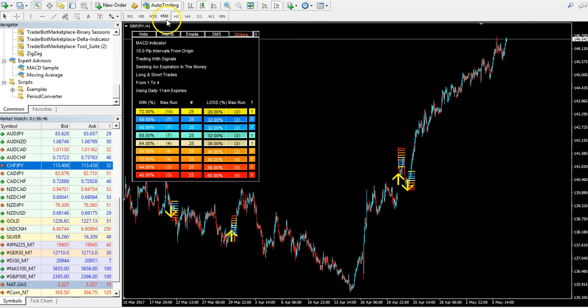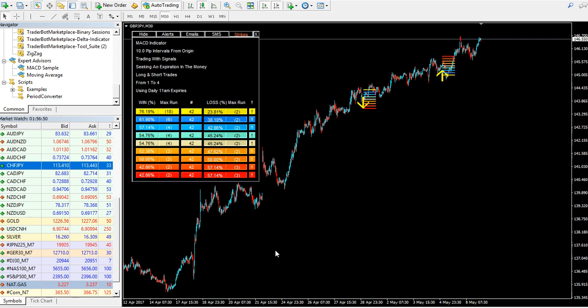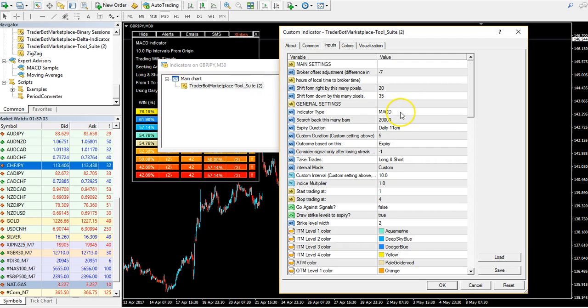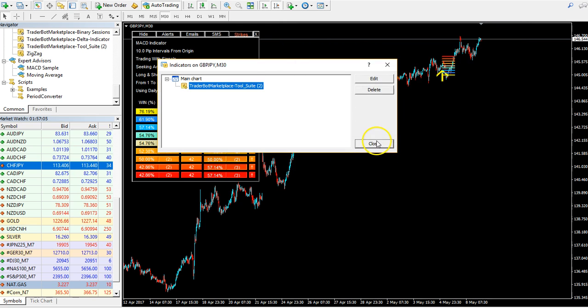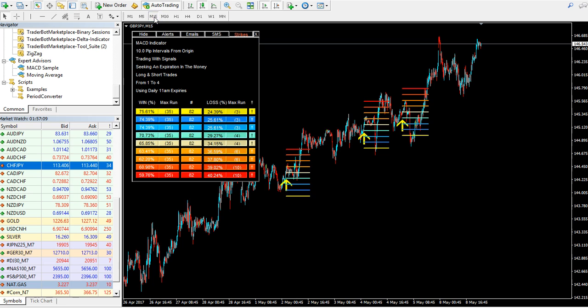If we were to change this to a 30-minute time frame, we would have different signals, and it would just be different because of whatever it is that it's based upon. Right now the indicator that we are looking at is the MACD. If you went down to a 15-minute time frame, it would look like this.